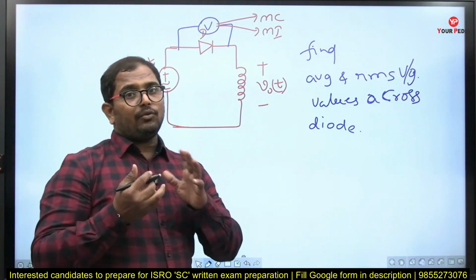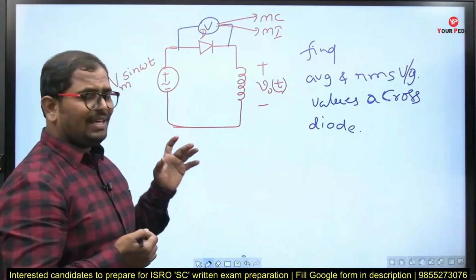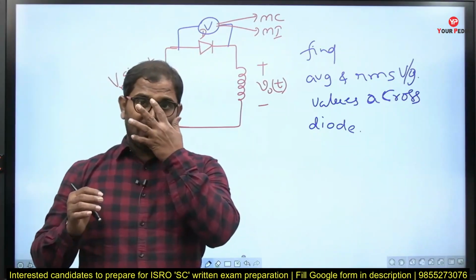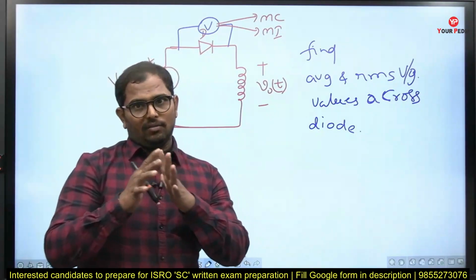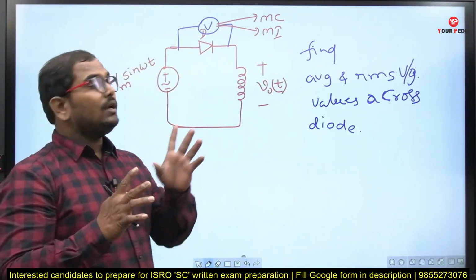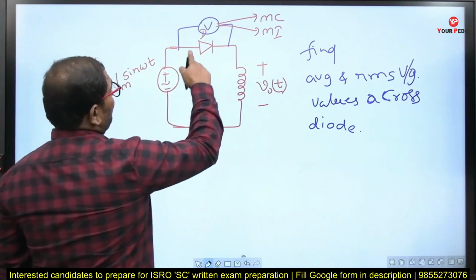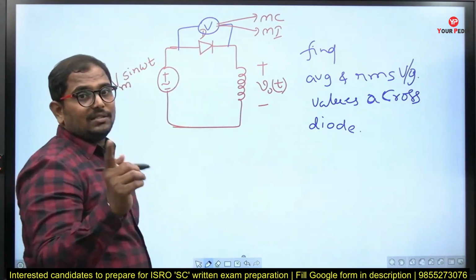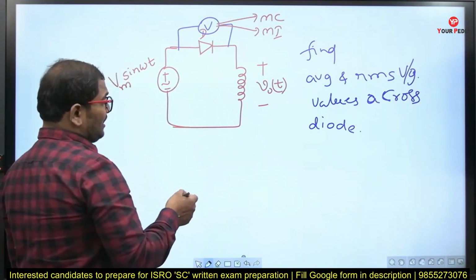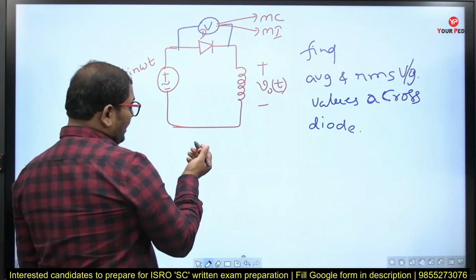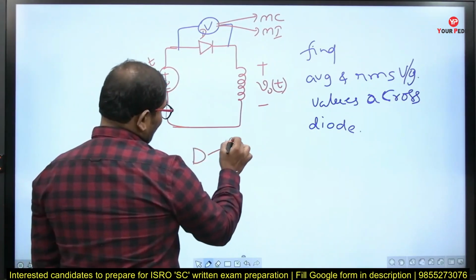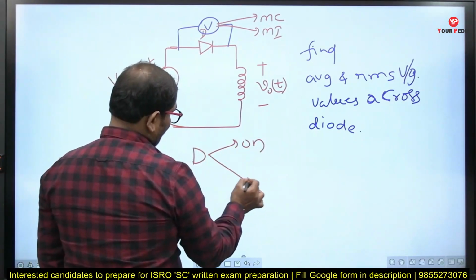Now how will we have to analyze this one? For any question in power electronics, mainly you need to draw the output waveforms according to the question. Here we need to calculate the voltage across the diode. Diode has two states: one is on state, another one is off state.